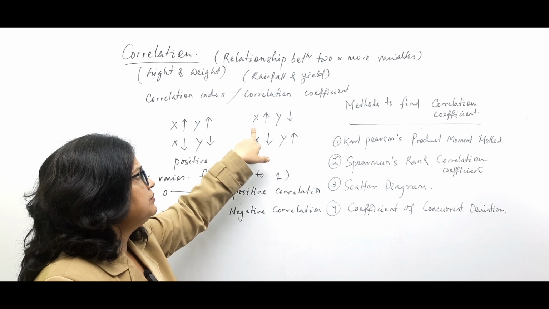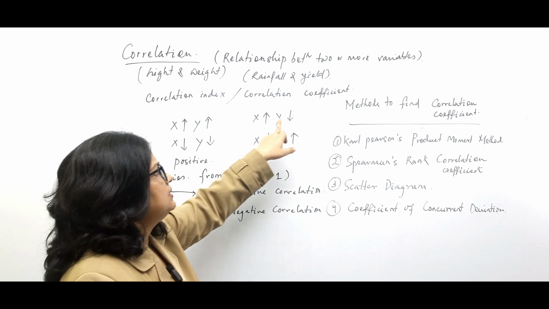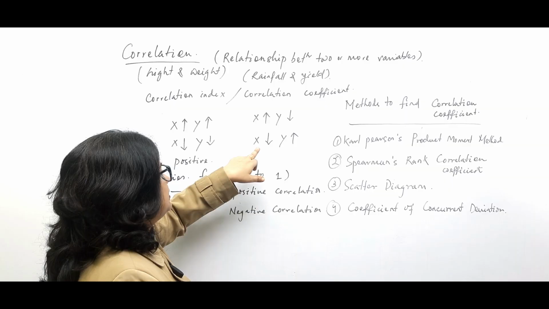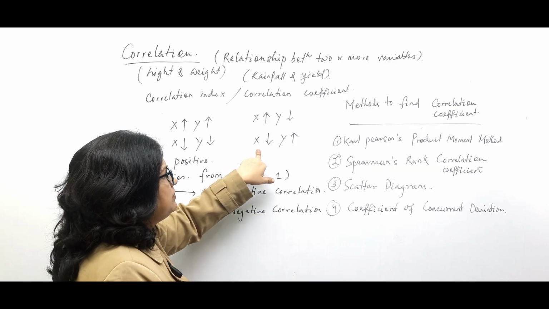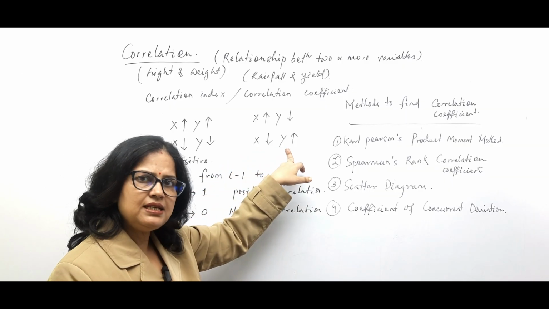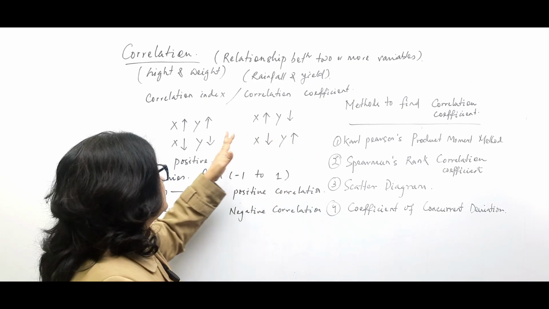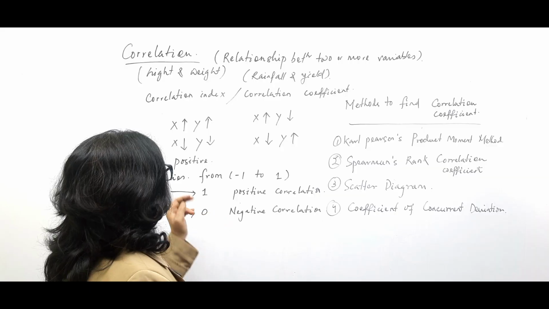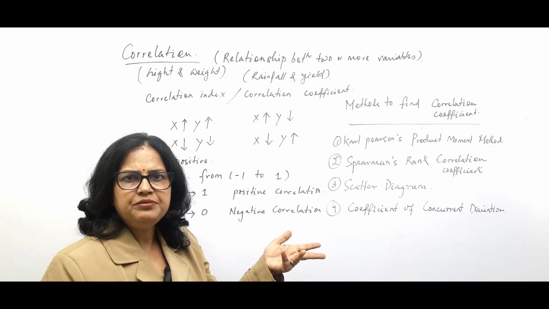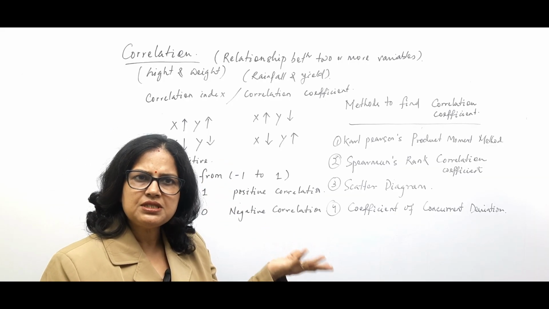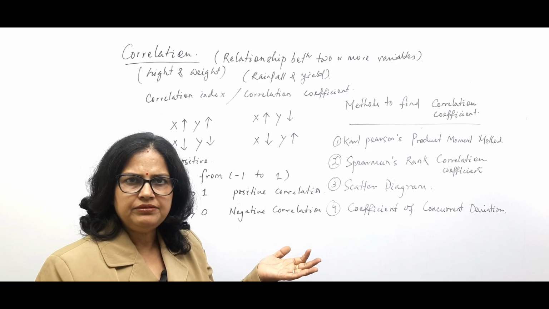But if one variable is increasing and the other is decreasing, or one is decreasing and the other is increasing, then we say it is negatively correlated. So these are the relationships we can find between two variables.